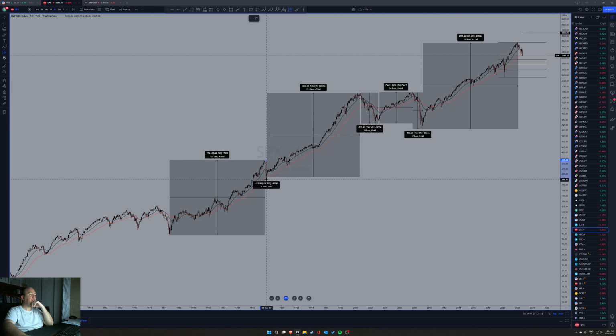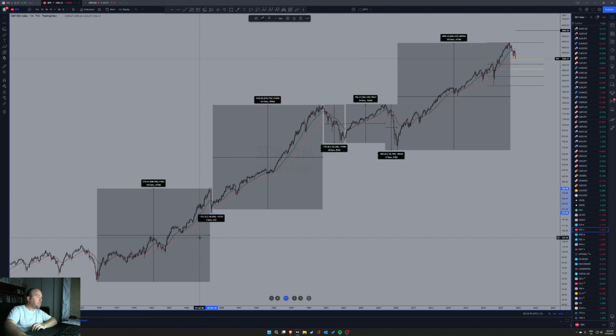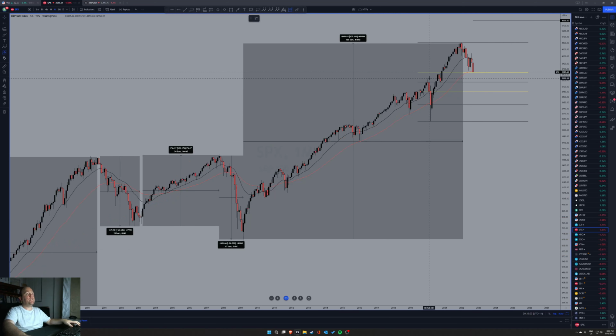Look, that was a pretty big move in such a small period of time. Literally in like 2 months, 36%. And that was what happened in COVID times. 35% in literally 2-3 candles.